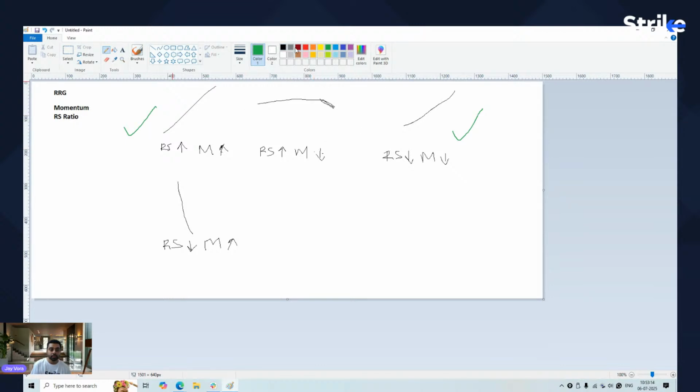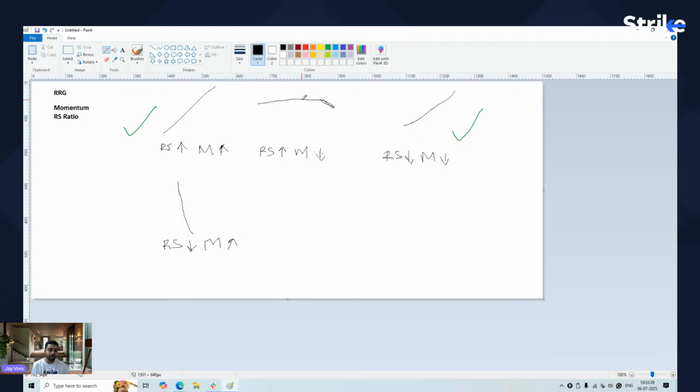This setup means that the performance is better, and that is why the RS ratio is going towards the right hand side. But you understand one thing, in any formula there is some smoothing that happens. Okay, so it is not that at the very first time of a reversal it will show a downward move.